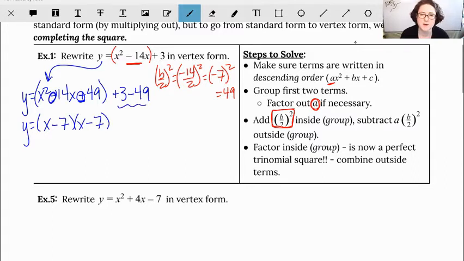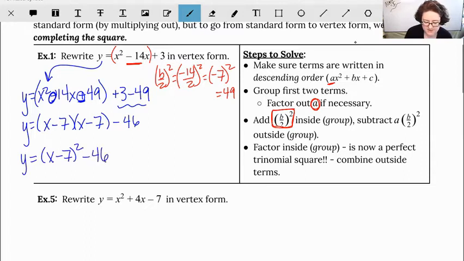I can combine my like terms at this point: a positive 3 minus 49 gives me -46. Then I can rewrite this a little more. We have an (x - 7) and an (x - 7), so I can rewrite that as (x - 7)^2 - 46.